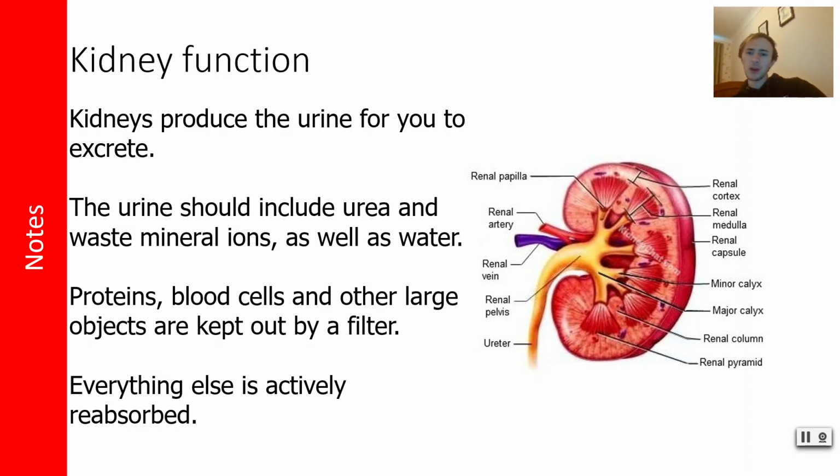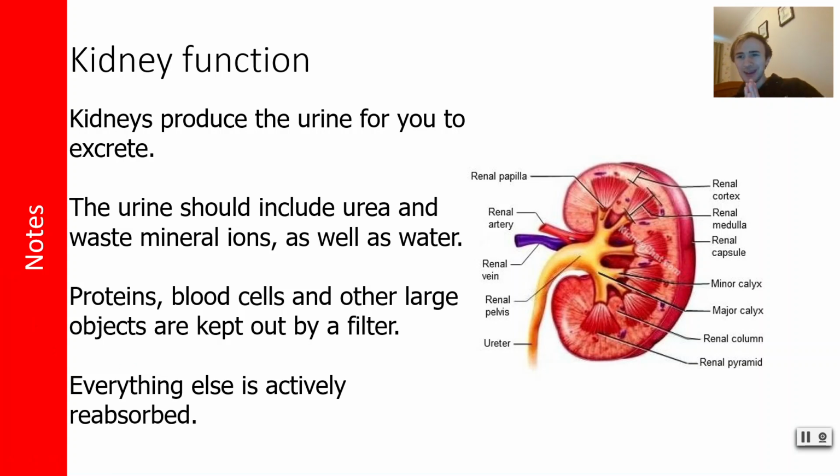So all of your blood goes into your kidney, and this filter stops the blood cells getting through, stops the proteins getting through, and stops any other large object going through. So that third paragraph there, proteins, blood cells, and other large objects are kept out by a filter. That just means that they just stay in the blood. They can't physically get into the bit where we're going to make the urine.